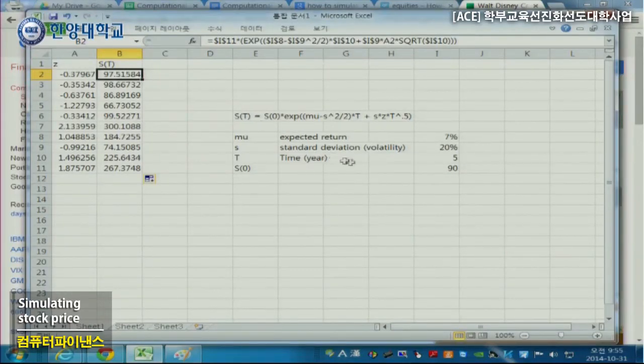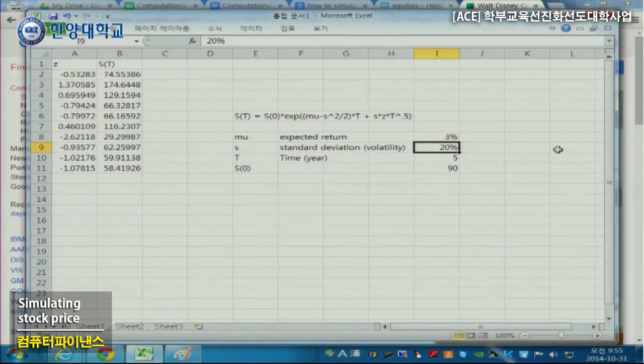So when the expected return of 7% is simply too high, let's say 3%. Today's Walt Disney stock price is 90, and expected growth is 3% per year. But it does not mean that we actually make 3% per year; it just grows 3% on average. In this case, there is a negative shock during the next 5 years, so the stock price went down.